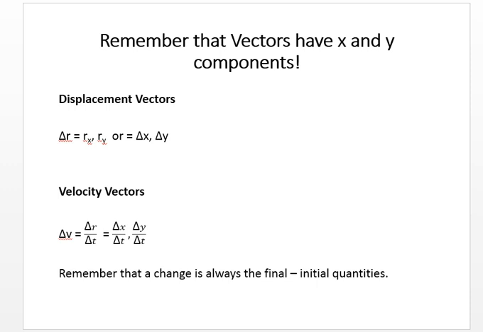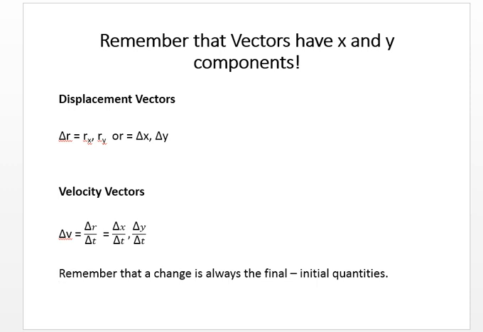And if you are going from one place to another place, you start at one position and you end up at another position, then really that rx is the change in x along the x-axis, and delta y is a change in y along the y-axis. Velocity vectors, remember that velocity is the displacement divided by the time.